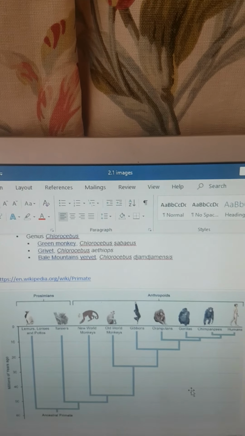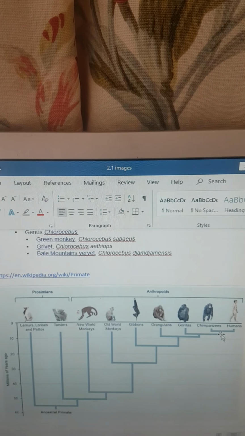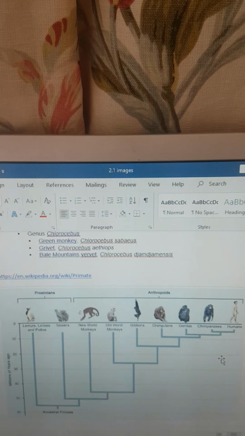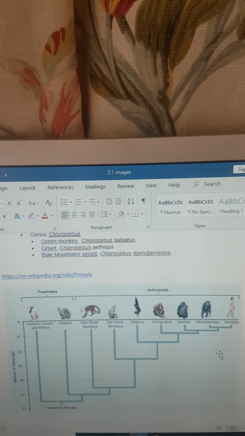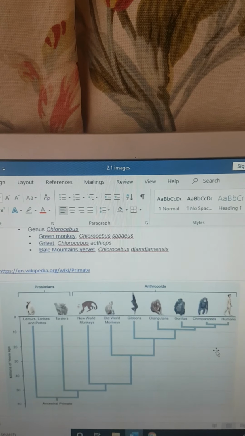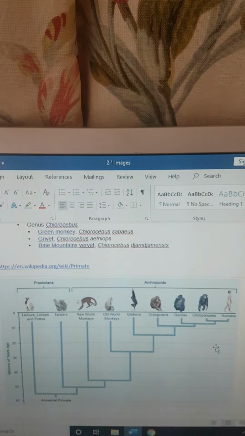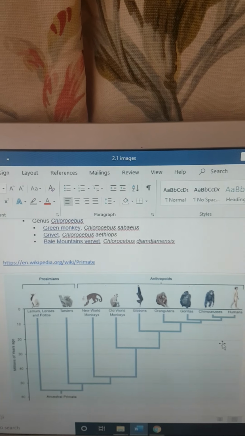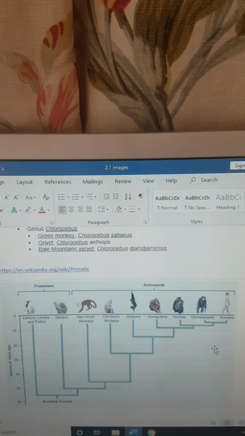Well, to some extent we can use fossil evidence to find common ancestors, but fossils, of course, are notoriously difficult to find. It's been estimated, by the way, that only 1% of species that have ever lived on the earth have ever left fossils. That's 1% of species have left even a fossil of a single member. So fossils are few and far between and hard to find.